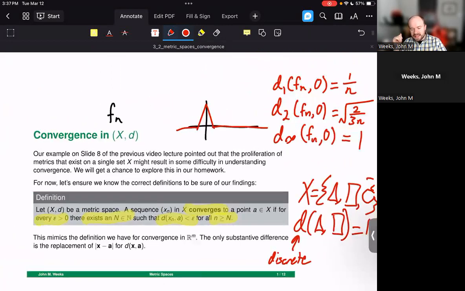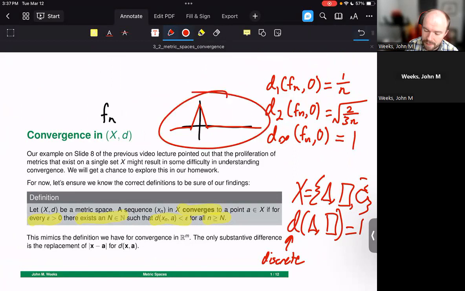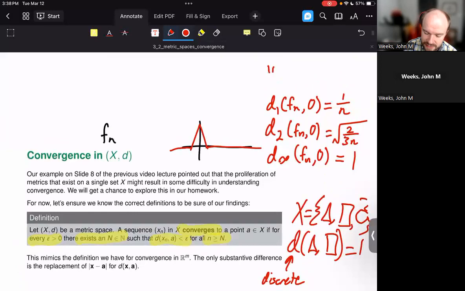Notice now that these distances we're getting are interesting in terms of how they think about convergence. Looking at our functions f sub n from before, it looks like some of our d1, d2, d infinity functions could actually have these converging. Is it the case that f sub n converges to 0 for each of these metrics?